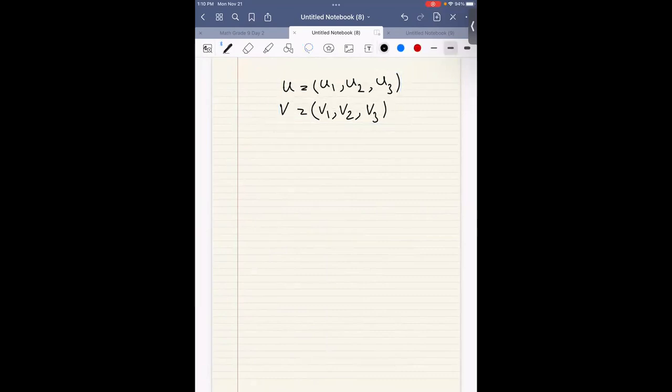The dot product, sometimes called the inner product, we denote by u dot v. It's a number.